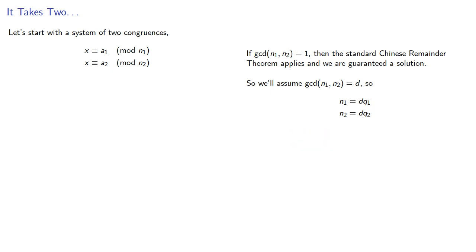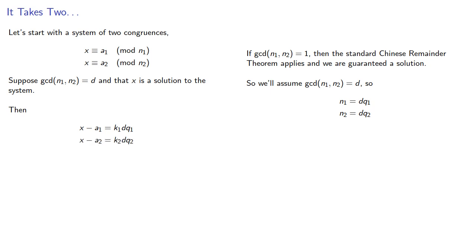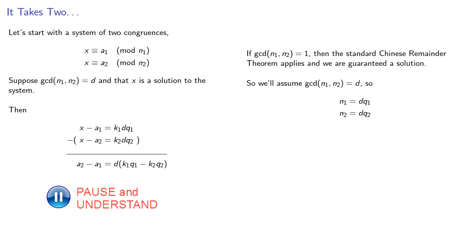So suppose our greatest common divisor is d, and that x is a solution to the system, so we know the difference is something times dq1, and the difference is something times dq2. So if we find the difference, we get, consequently, a2 is congruent to a1 mod d.